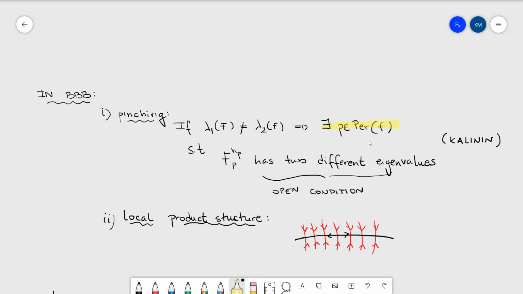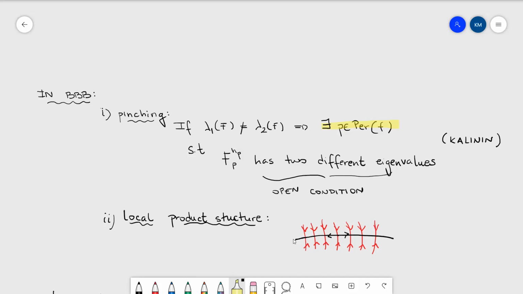Today, I'm just going to focus on this one, but I want to mention this problem here that is very simple to explain, not formal, that is what I call local product structure. In the setting of a no-sub map, you have this local product structure.